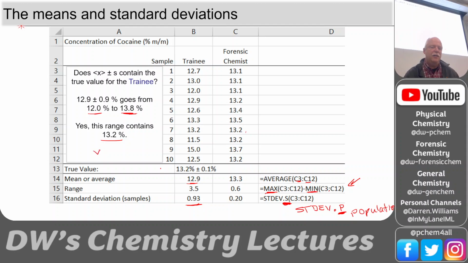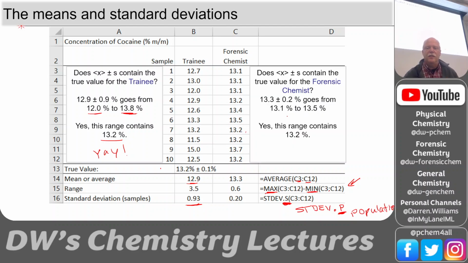So yay, we got the true value within our error bars. And then what about the forensic chemist? Well, 13.3 plus or minus 0.2, look how small their standard deviation is. It goes from 13.1 up to 13.5, so yay, this one also contains 13.2.